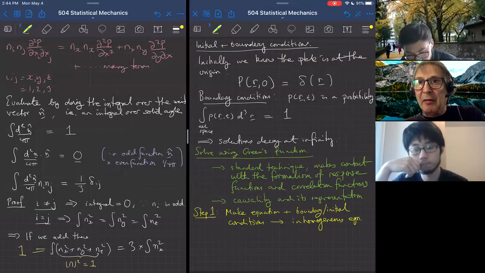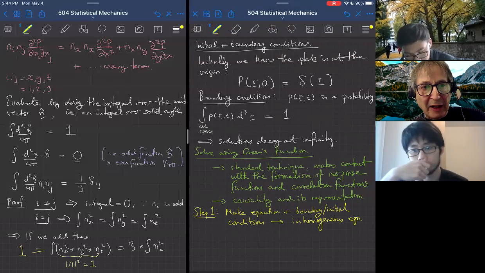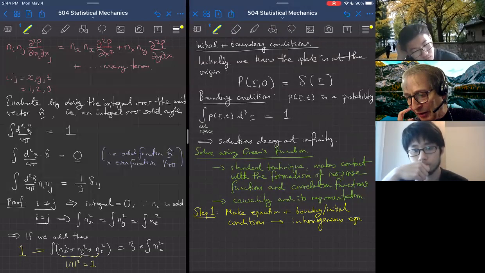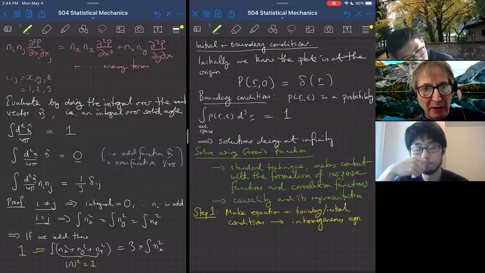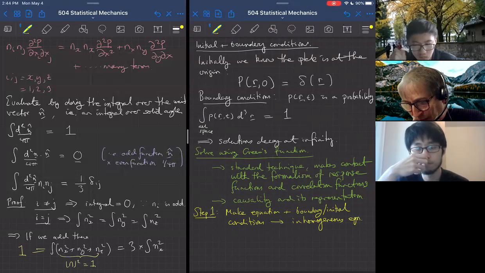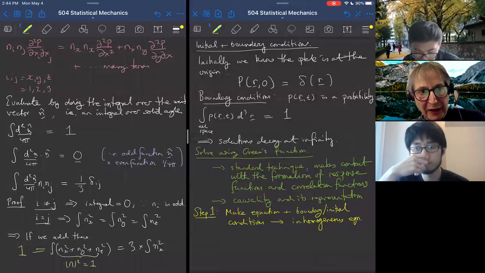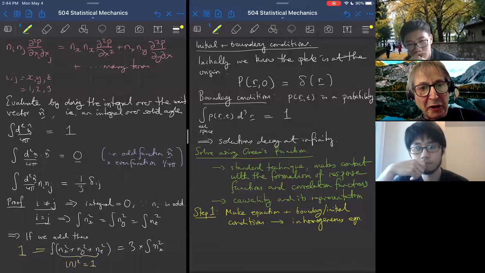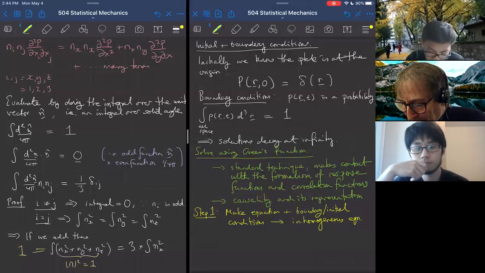But to do that, what I need to do is have a single equation which I can then Fourier transform. And right now the equation that we have is just a homogeneous equation. So Fourier transforming doesn't do any good. So the basic trick is one that hopefully you've seen before, which is to put the boundary and initial conditions on the right-hand side. So let me write down the answer, and I'll explain to you why it is the correct thing.